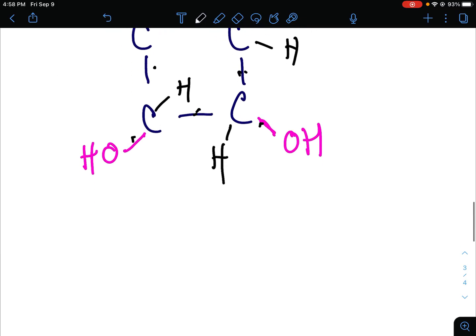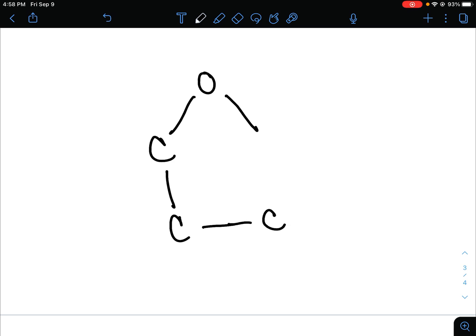I'm going to draw it at the bottom again, just to make it a little neater. So we would have O at the very top, carbon, carbon, carbon, and a carbon there, 4 carbons in the ring. Then I would add another carbon up here, and if you wanted to, you could even do CH2OH up here if you don't have enough room, like on the paper or in the box.